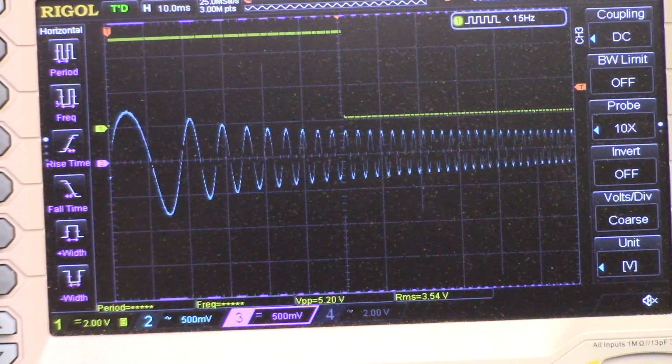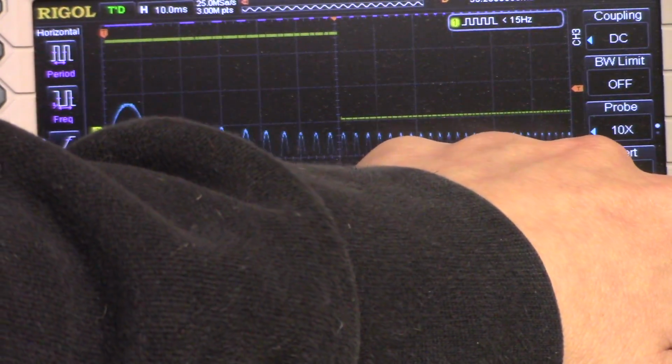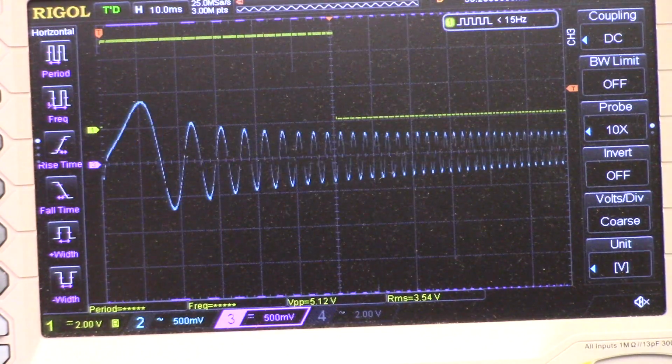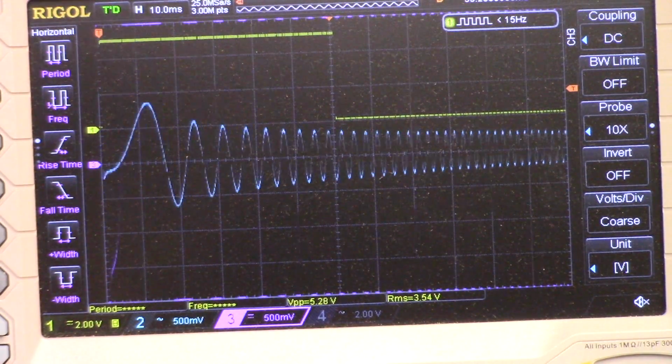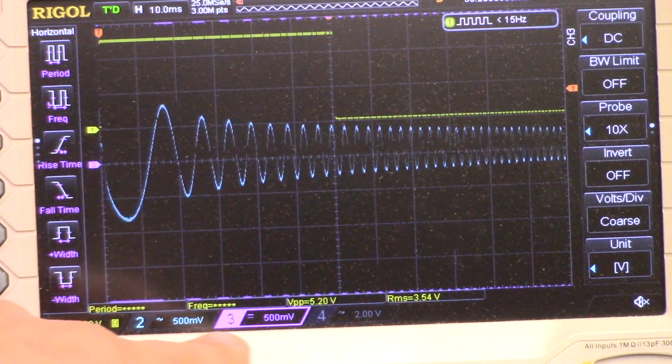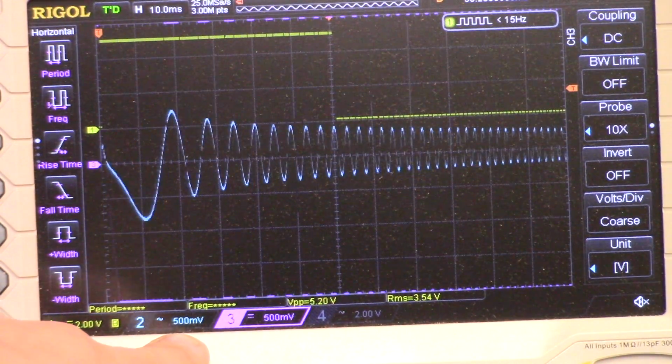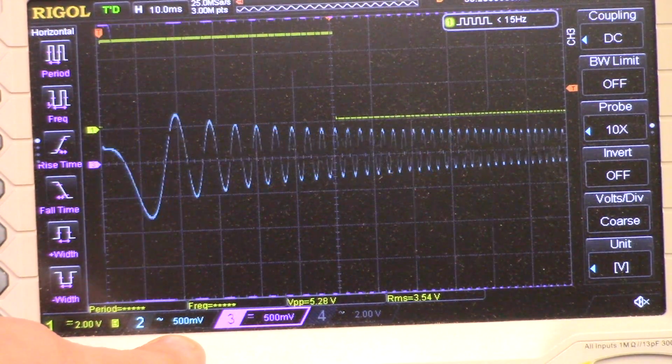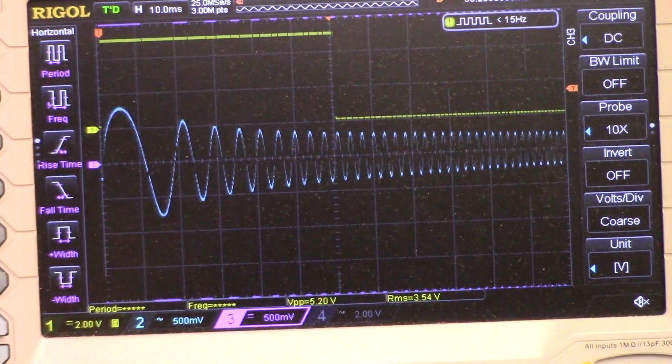All right. Let's turn on channel 3. It's already on. And it looks like we don't have a purple trace until you realize that the purple trace and the blue trace are the same volts per division, half a volt, 500 millivolts.